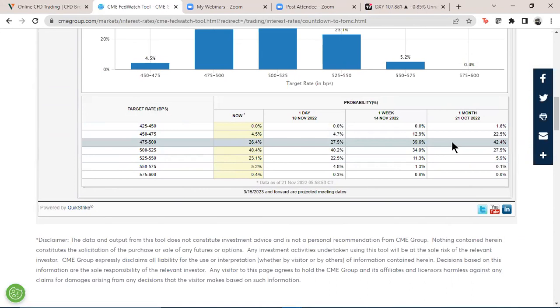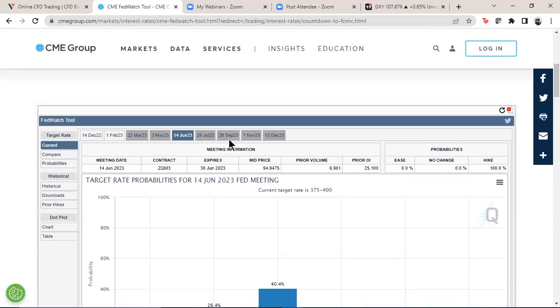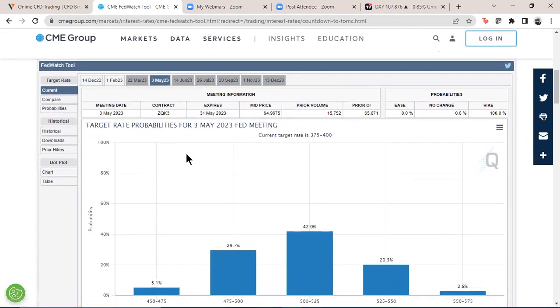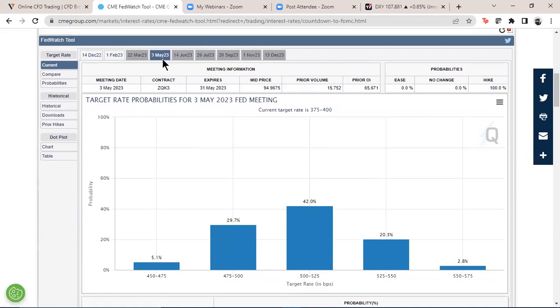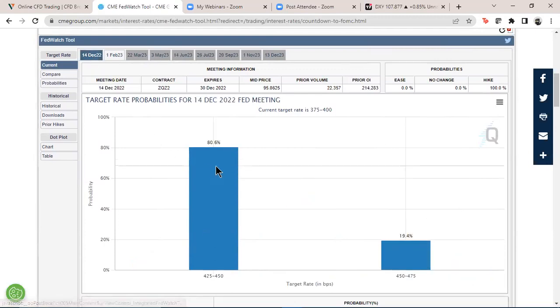That was given a 42% chance, and that's come back to 26% or so. But you remember we used May as the peak rate, and now we're sort of pushing further out slightly to June. If we were to look at this exactly, I think nearer to June is now the peak rate. But near term, 80% chance of this 50 basis point rate hike in December.